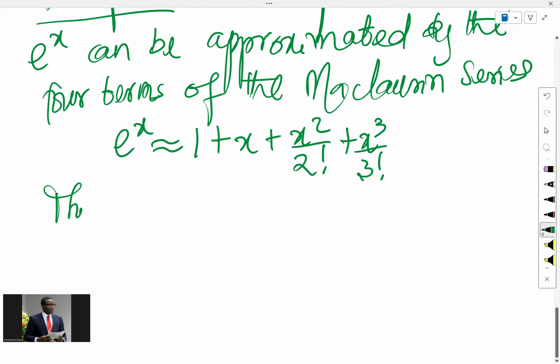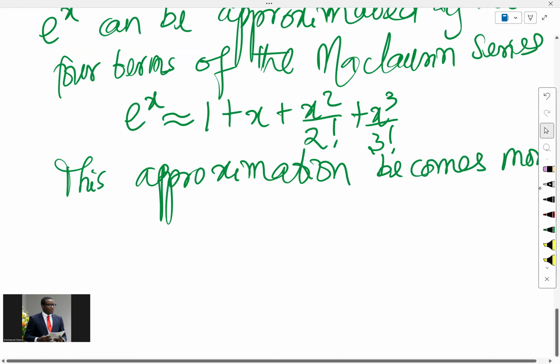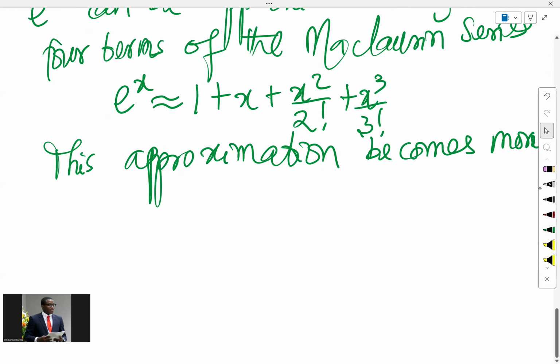This approximation becomes more accurate, and we saw that practically. I demonstrated using Desmos. This approximation becomes more accurate as more terms are included.